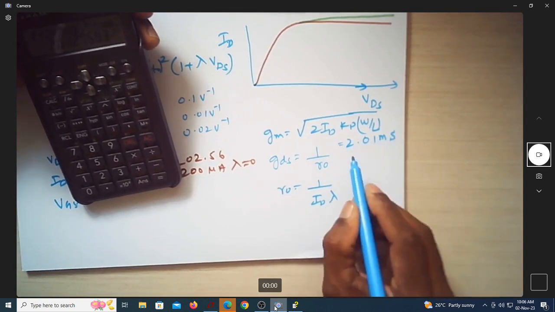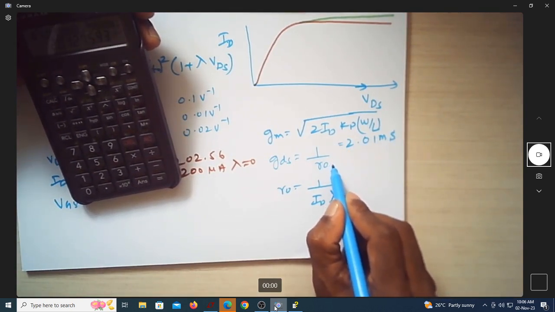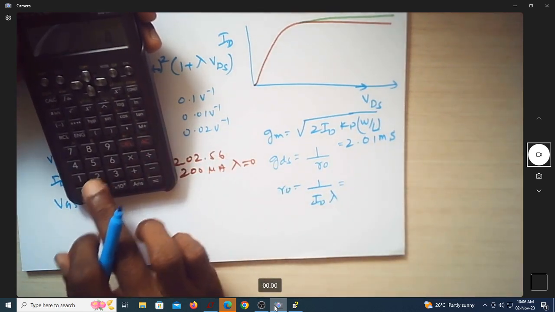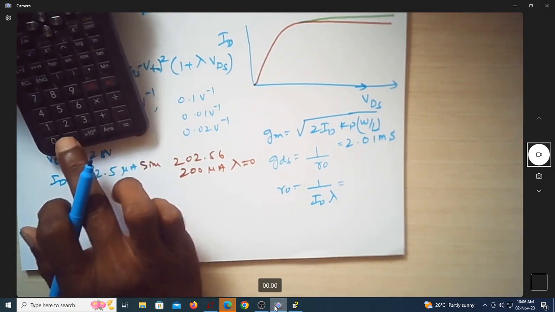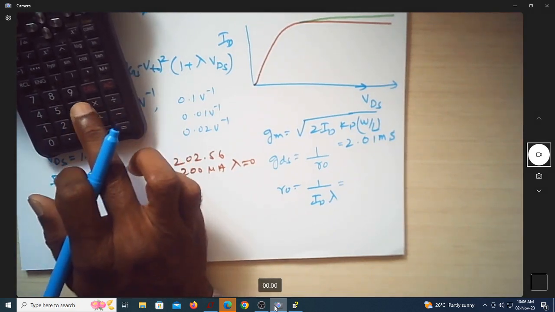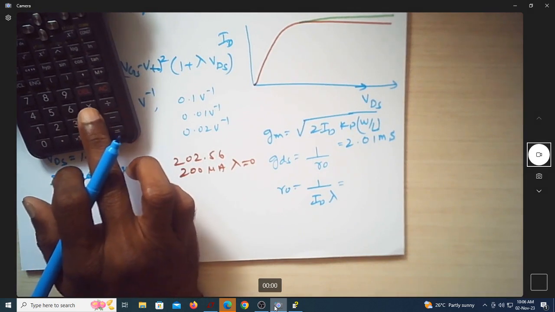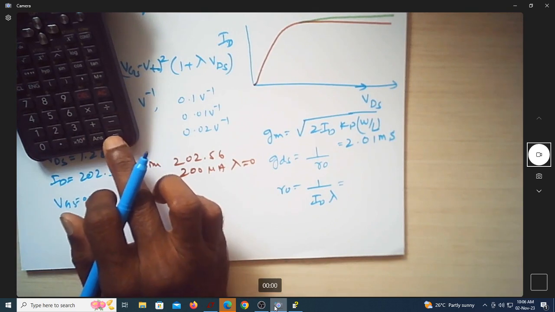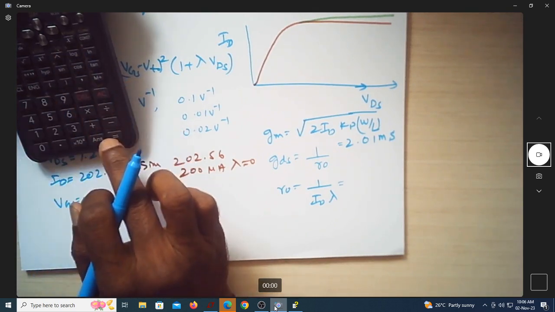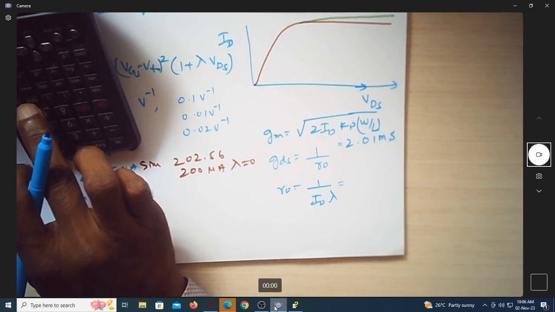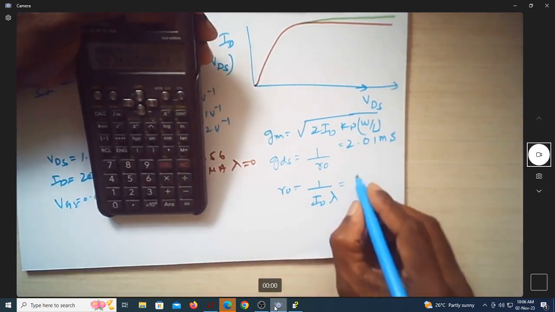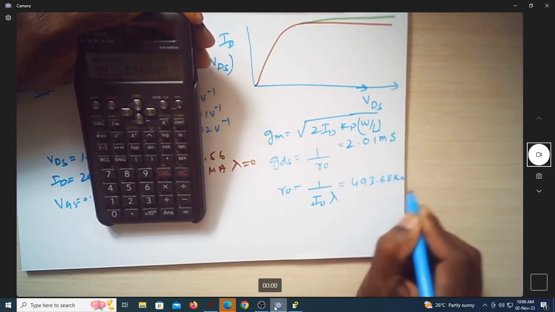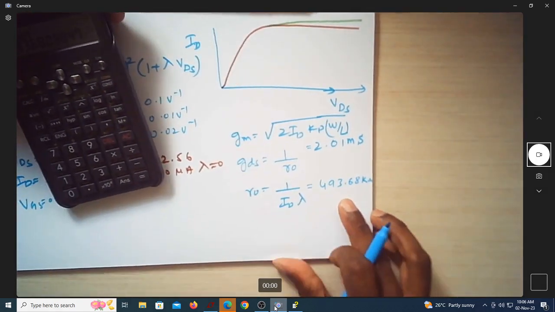Coming to R naught, as per our calculation, it is 1 over 202.56 microampere multiplied by 0.001. So my R naught is 493.68 kilo ohms, because this is a resistance.